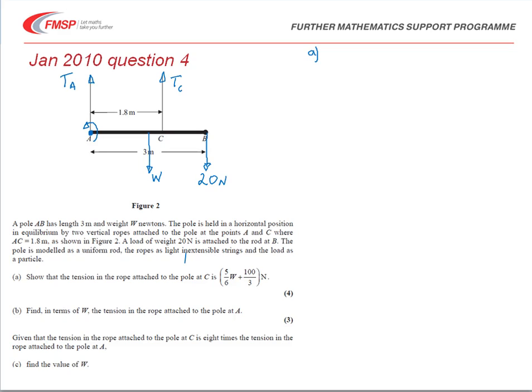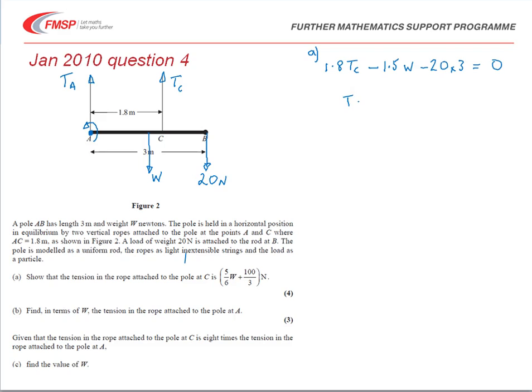Therefore, moments about A tell us that we have 1.8, the distance, multiplied by TC as the moment in the anti-clockwise direction. In the other direction, we have the weight W, which will be at 1.5 meters because it's a uniform rod, so halfway along, 1.5 W. And then at the end of the rod, we have 20, multiplied by 3. And because it's in equilibrium, those moments sum to 0.